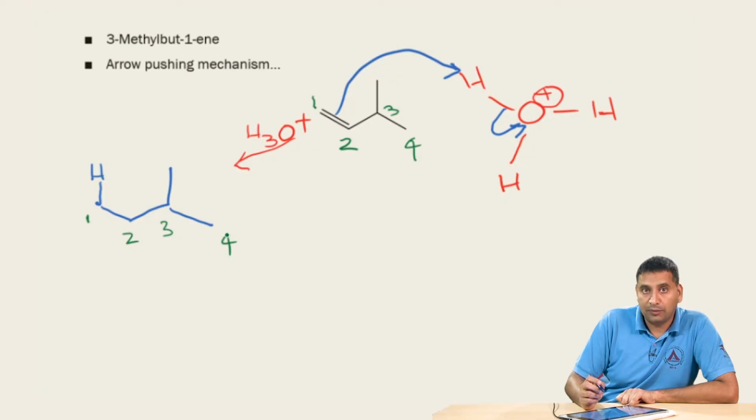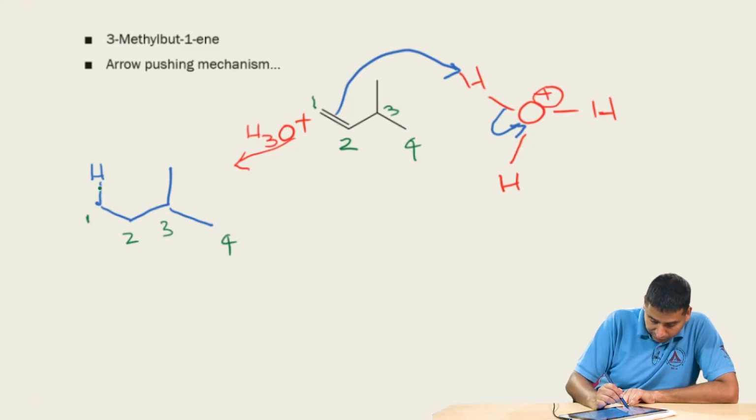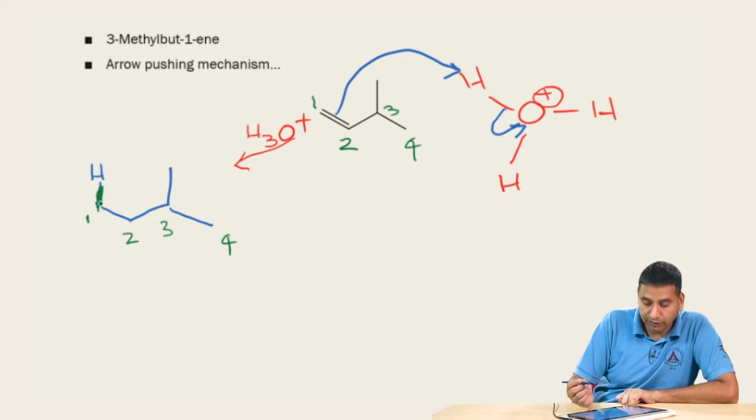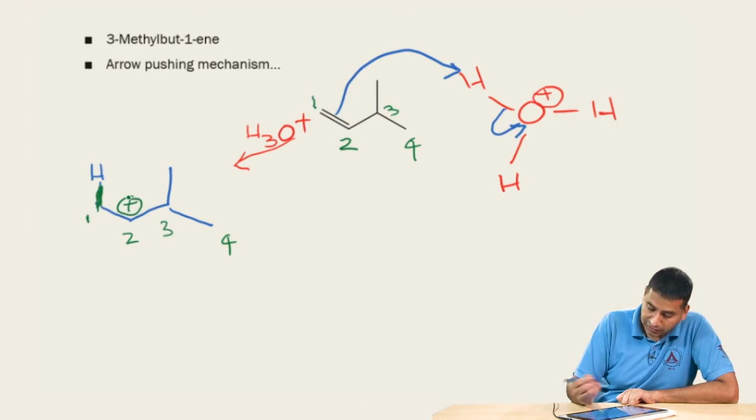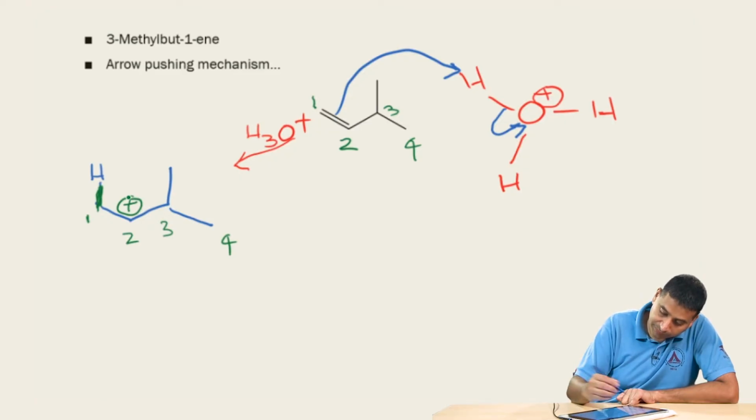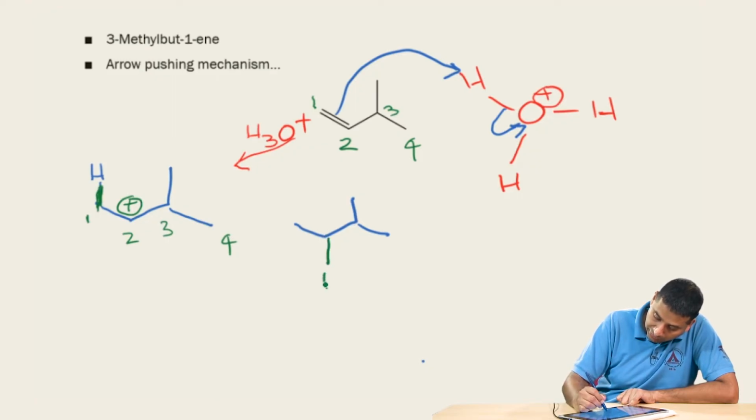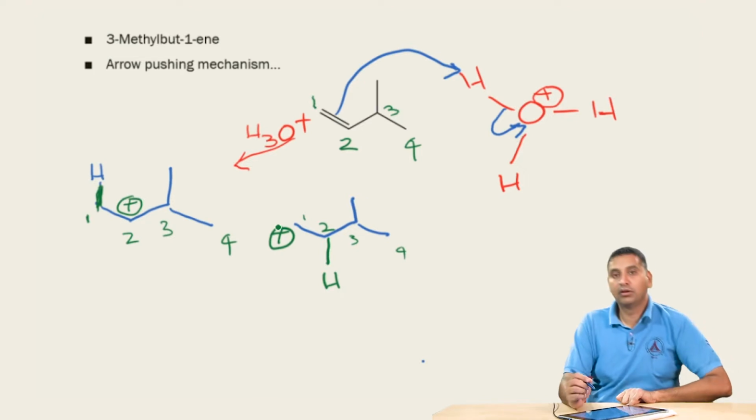So, we have the newly formed bond between carbon and hydrogen over here, and therefore, there must be a positive charge on carbon number 2. This is one possibility, and the other possibility is if we draw the same molecule and there is a new bond between carbon 2 and hydrogen, numbering 1, 2, 3 and 4. Then there would be a positive charge on carbon number 1.